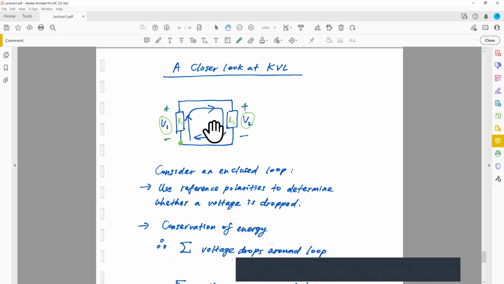In the course of traveling around this loop, I encounter some voltage over here and over there as well. But notice that this voltage goes from minus to plus. It goes from some small number to a bigger number.